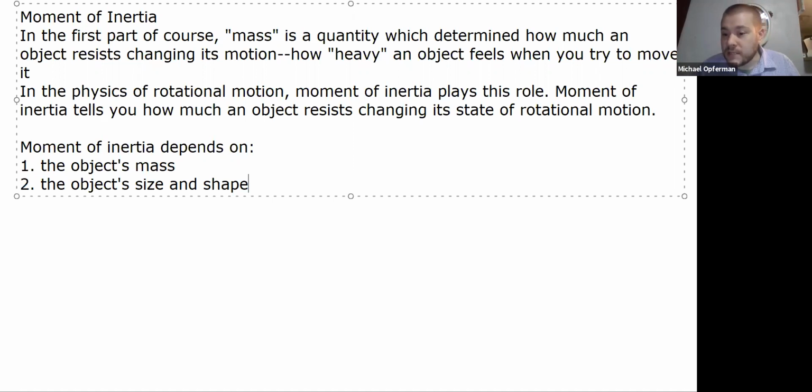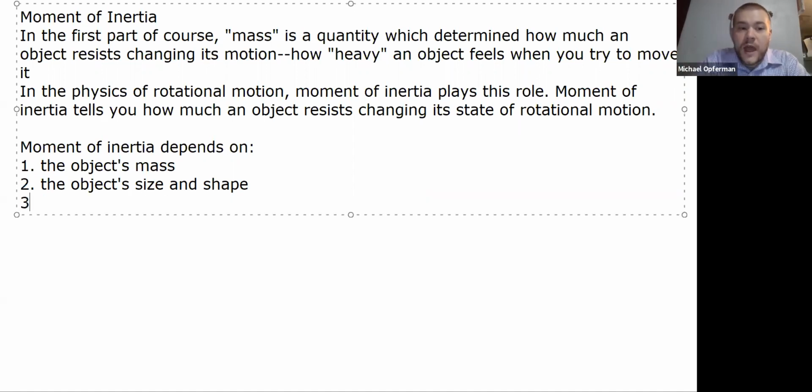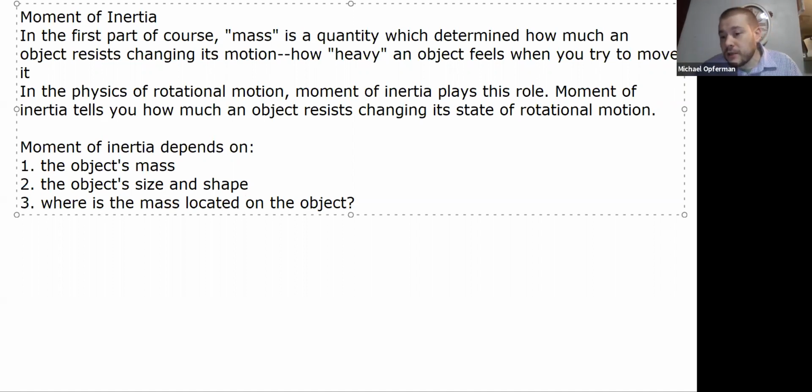So you have to know how big the object is. By the shape, I mean, is it a cylinder, or a sphere, or what is the shape of it? Another aspect is where the mass is located on the object. A cylinder that has its mass uniformly distributed throughout has a different moment of inertia from a cylinder that has all of its mass concentrated on the edge, like a hollow cylinder.